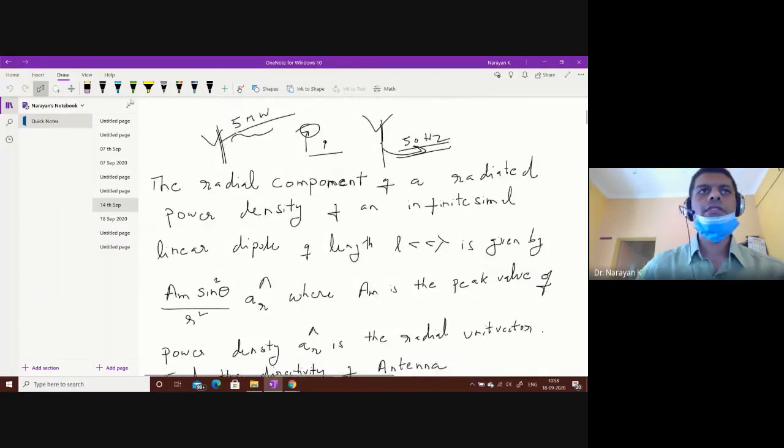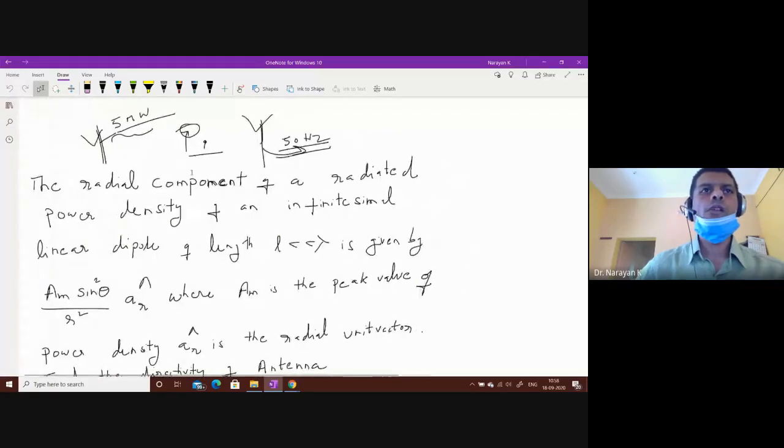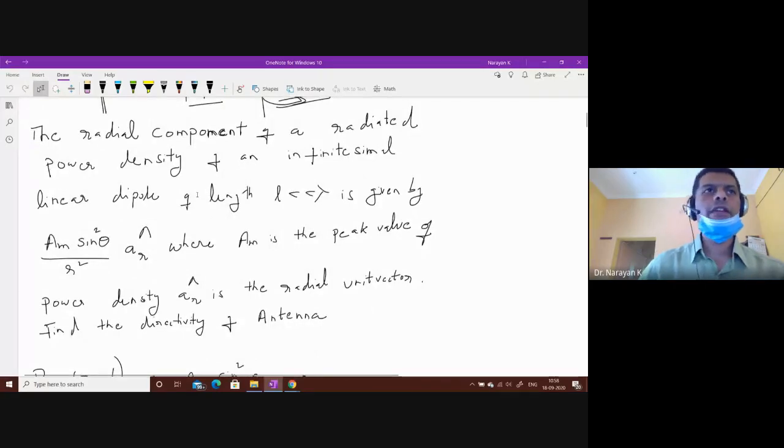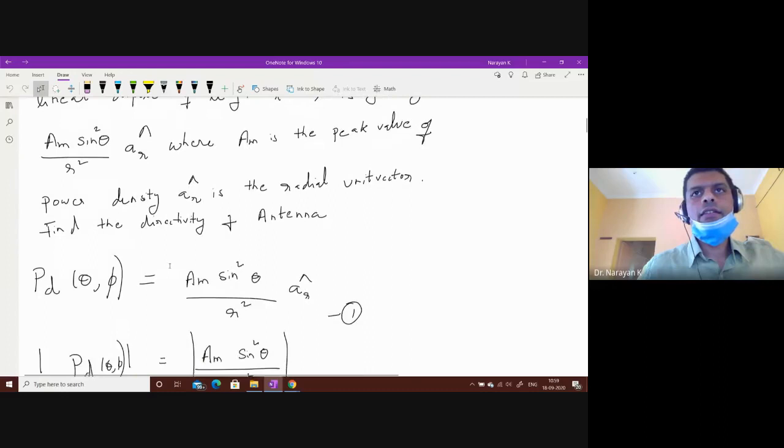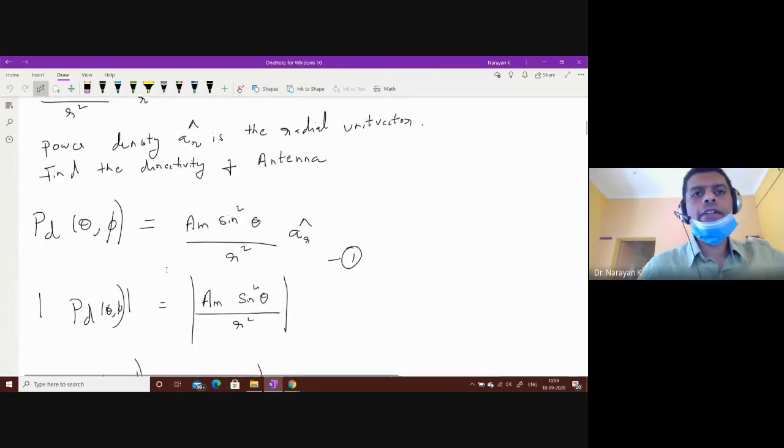Please see the board. The radial component of the radiated power density of an infinitely small linear dipole of length L, in the far field, is given by Am sin square theta by R square, where Am is the peak value of the power density and Ar is the radial unit vector. Find the directivity of the antenna.